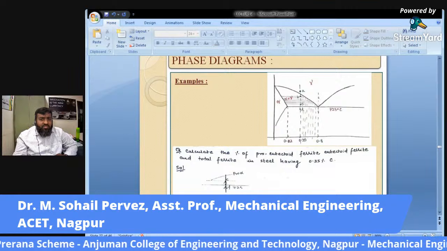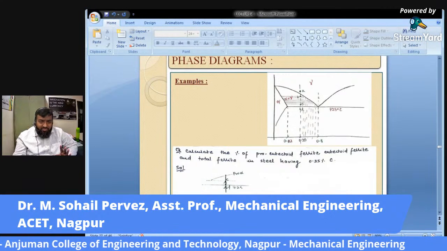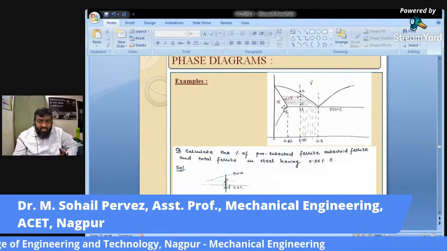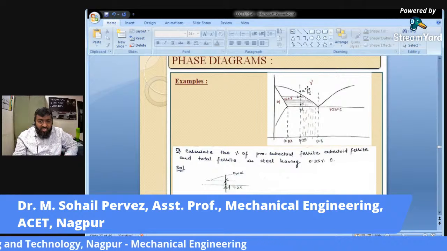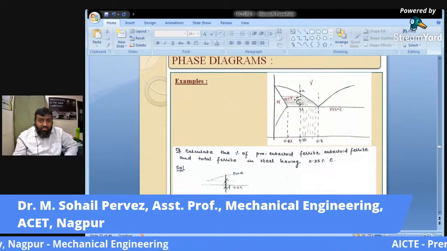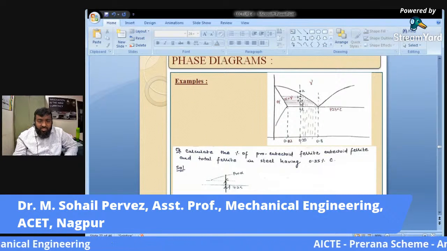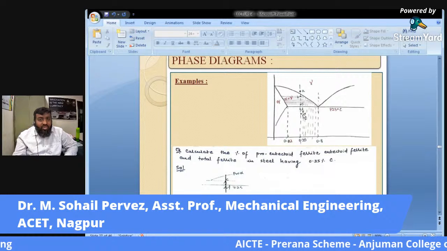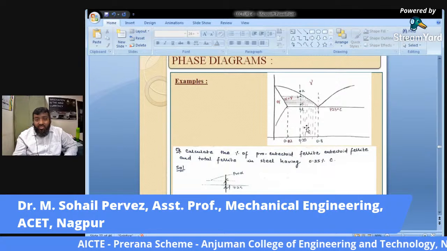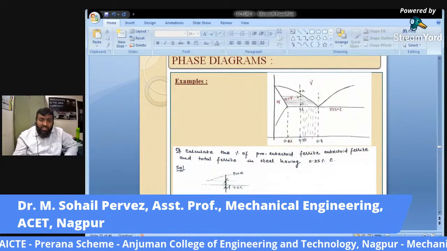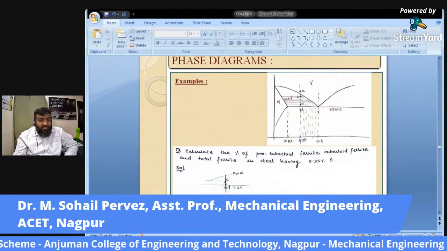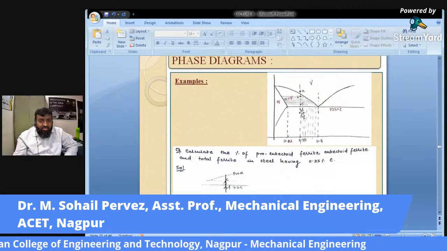A very simple approach is there. We have drawn this line over this. Since point A is the austenitic region, point B is alpha plus gamma, that is austenitic plus ferrite region, and point D is again the solidus region. So what do we expect? Pro alpha. Obviously the solid region is there.